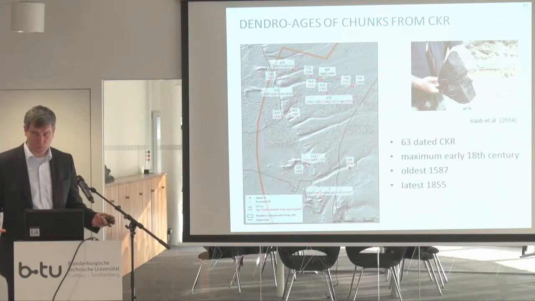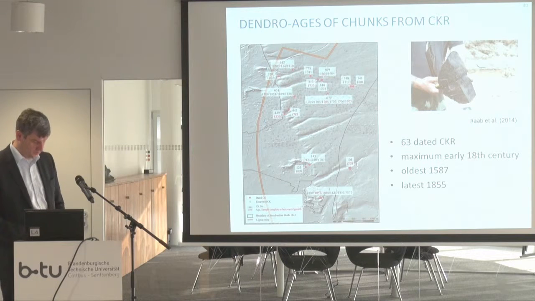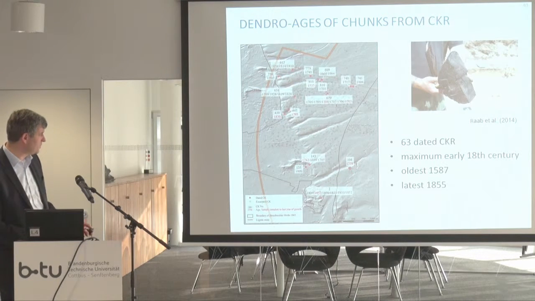Of course we want to know what ages they have. Age can be determined by tree ring analysis, or dendro analysis. The first published data set was from this year with 13 or 16 ages, and we now have new dates, with more than 60 dated.